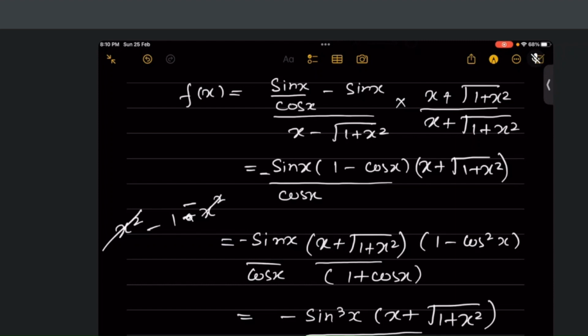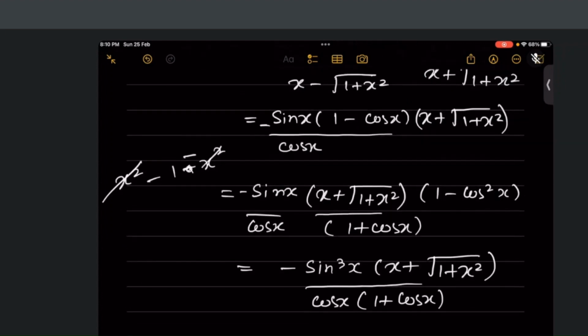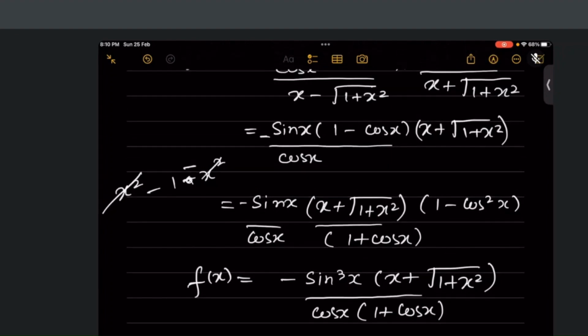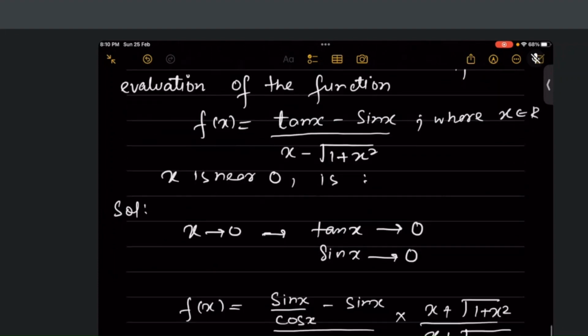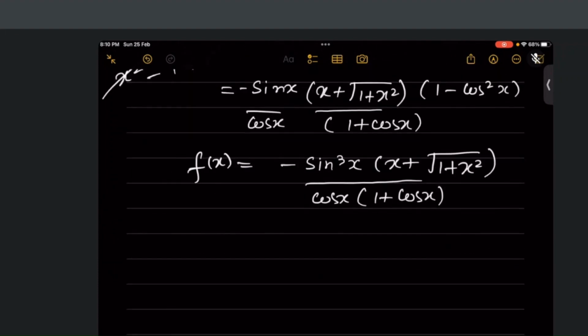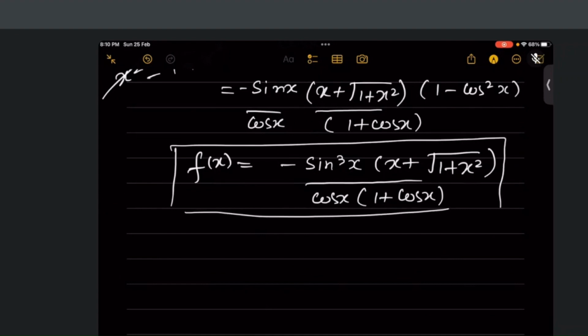Now all the functions are of the same sign, there is no subtraction, there is addition only. So this is the final form of it. This can be used as the function form for evaluation to reduce the cancellation errors.